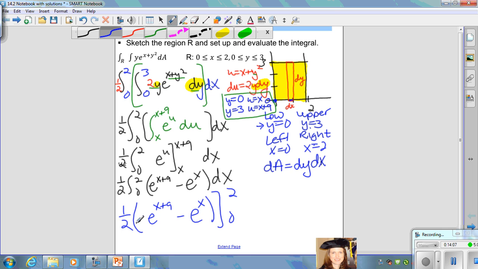Let's plug in the upper bound, and we get 1/2 of, plug in the upper bound, e to the 2 plus 9, e to the 11th, minus e to the 2nd power, minus what you get when you plug in 0.